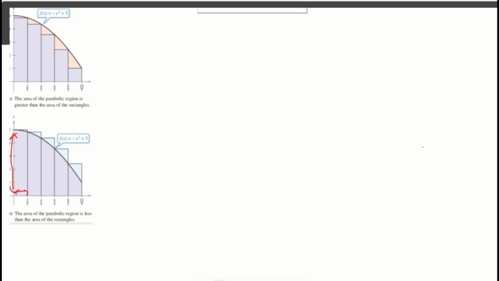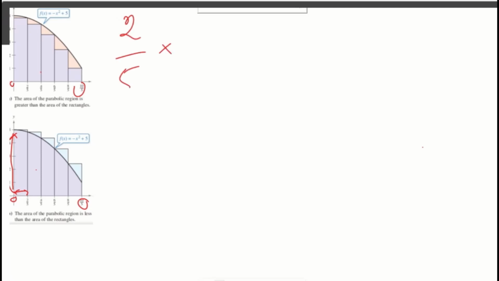How to do that is again, if you look at this example and this example, the rectangles seem to have the same width because both the left endpoint and the right endpoint are the same. We have 10 over 5 here, 10 over 5 here, and then 0 here, 0 here. So the width will just be 2 over 5.